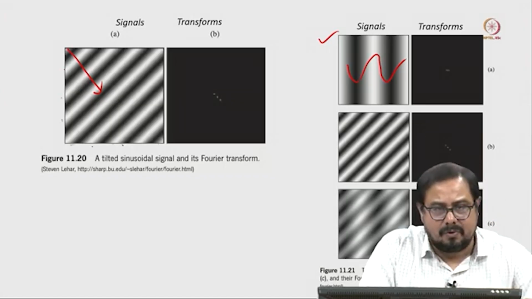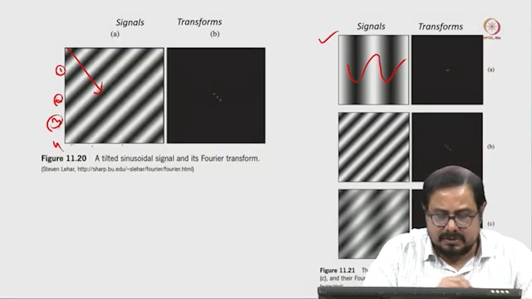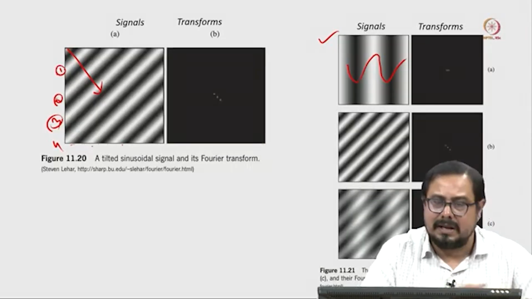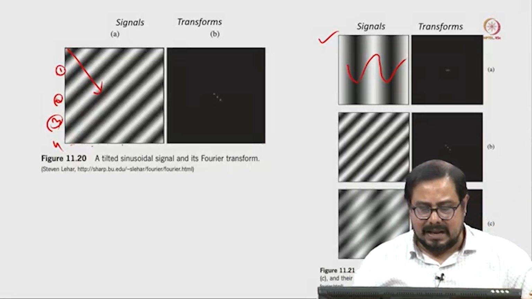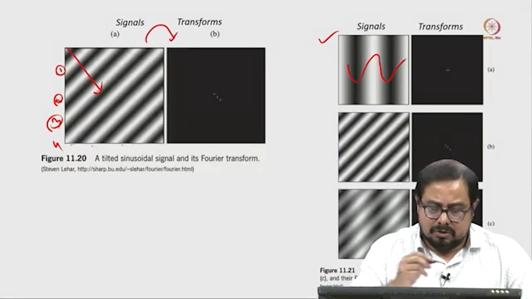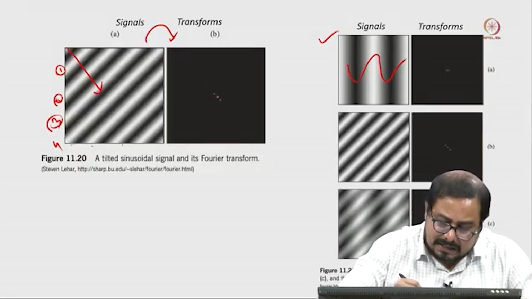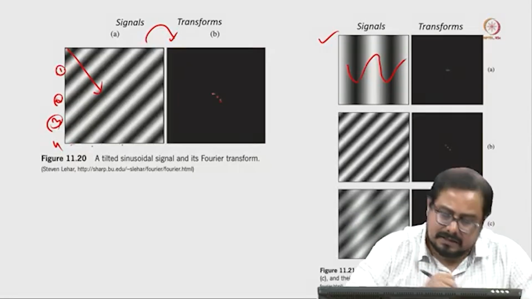So the frequency is 4. This one is also the same, but at a different angle. If we want to plot its transformation, we have to plot it like that: the center spot will be this one, and then the plotting will be in these two directions.